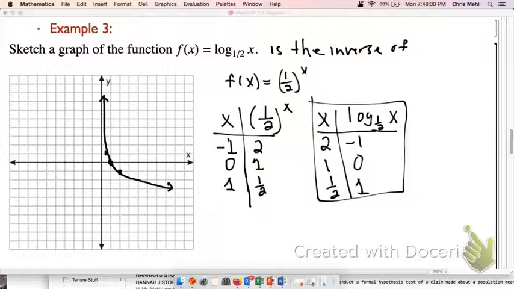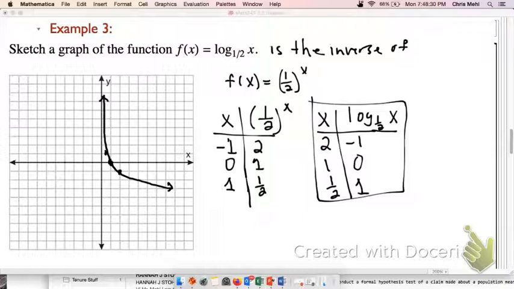So the vertical line x equals 0 is a vertical asymptote. In the case here, the base is 1/2. That's between 0 and 1. And the logarithmic function decreases from left to right, and it does turn out that this does go down and to the right forever, because again, the range of a logarithmic function is always all real numbers, and that's because the domain of an exponential function is all real numbers.